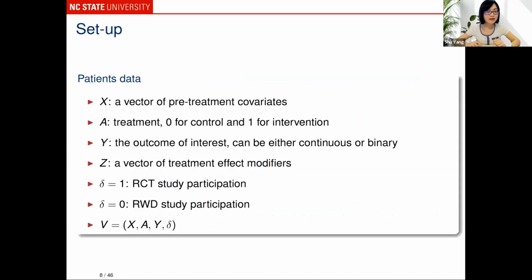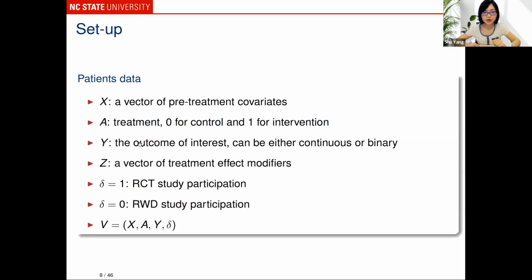Toward the end, here is our statistical setup. We have patient data, X, A, Y, Z, and delta. X is a vector of pre-treatment covariates that can include demographic variables, baseline health status, and so on. A is the treatment, 0 for control and 1 for intervention. And Y is the outcome of interest.